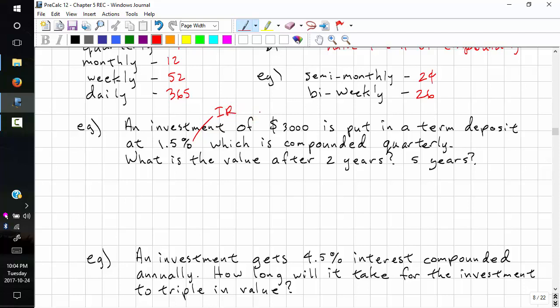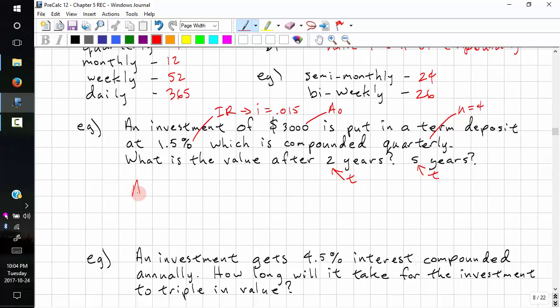And then when we divide by 100, i equals 0.015. 3,000, this is our A naught. And quarterly, this is our N, and it equals 4. And this is the number of years, so that's our T, and this is also our T.